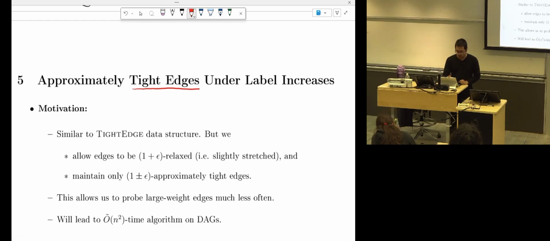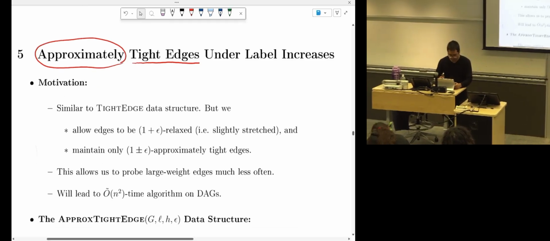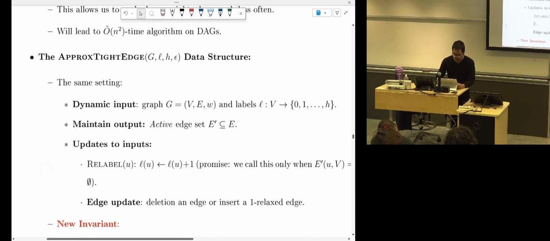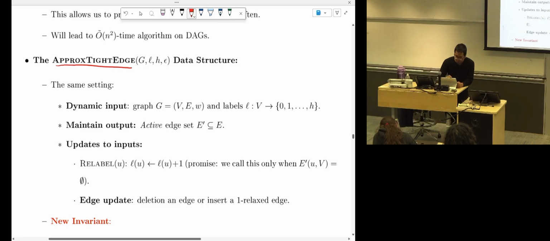And now we're going to try to speed things up by only maintaining the approximately tight ones. Let me recall the setting: the approx tight edge data structure has the same setting as the tight edge one.